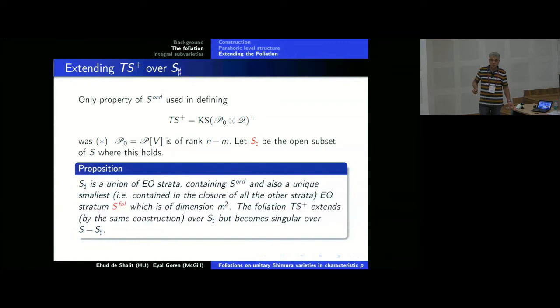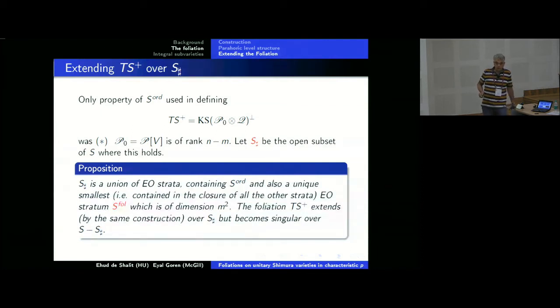Because this would still be a subsheaf of the same rank, and it's easy to see that it would satisfy all the good conditions, and this would be a foliation. So we let S lower sharp be the open subset of S where this holds.